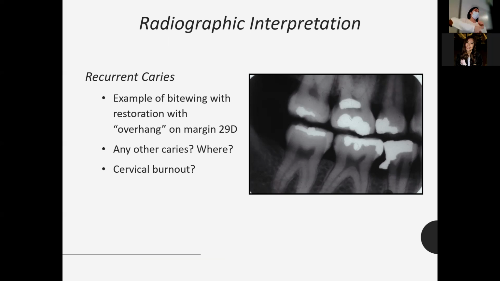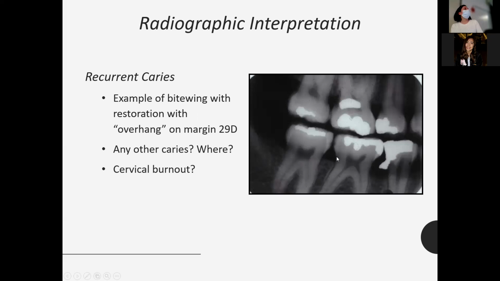I've gone in and smoothed off smaller overhangs, and you just go over it and over it. It dulls your instrument like anything, but you just go over it and over it and at least try to improve it. But if it's really bad, the dentist needs to address it, because that's a major problem long-term for perio health and caries. Okay, so example of a bitewing with restoration overhang, and then any other caries.